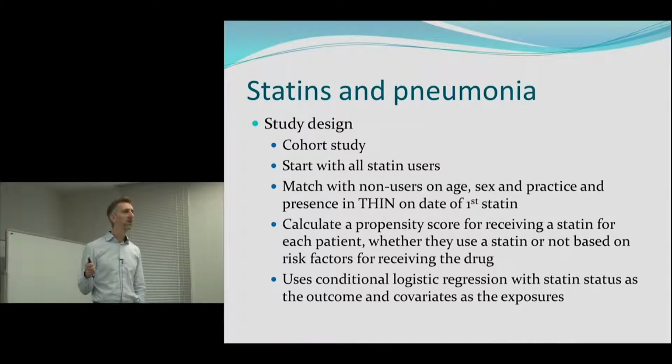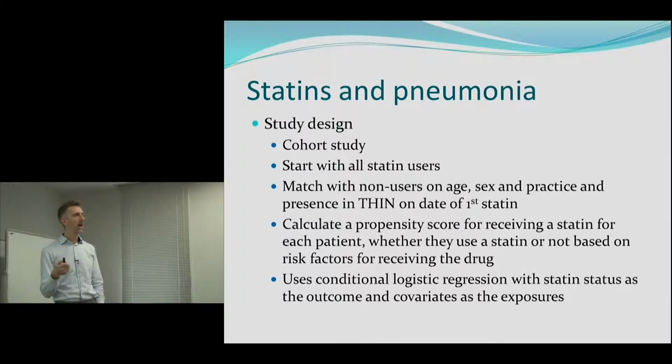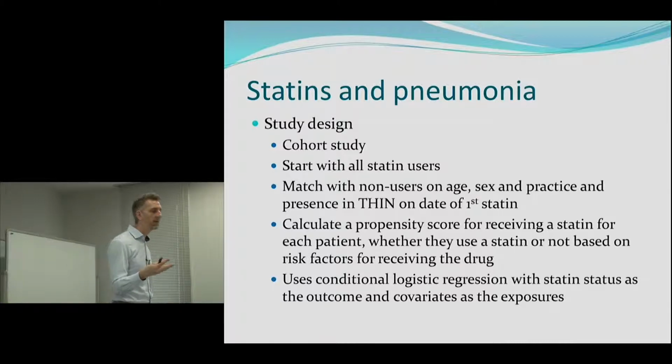The design we used was a cohort, and we started off by selecting all of the statin users who were eligible within the database. We matched each of them to a non-user, so somebody not taking a statin, on age, sex, being at the same general practice, and being present in the database at the same time that the other person got their statin.